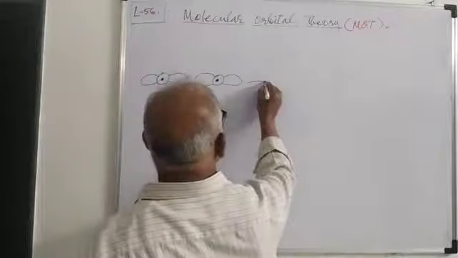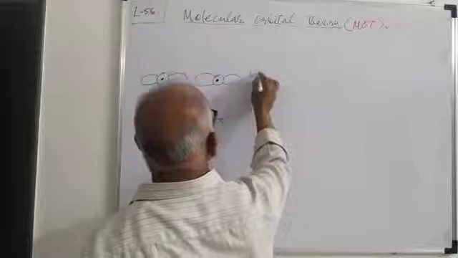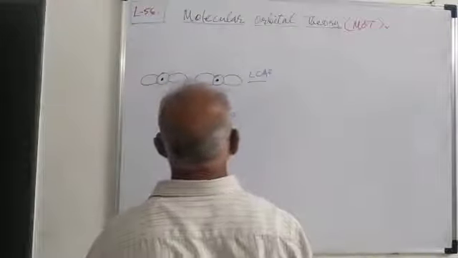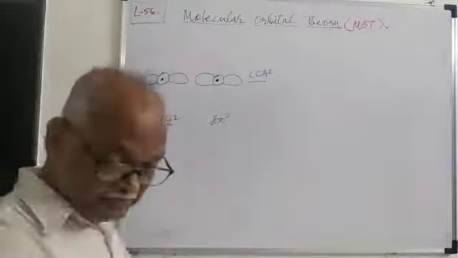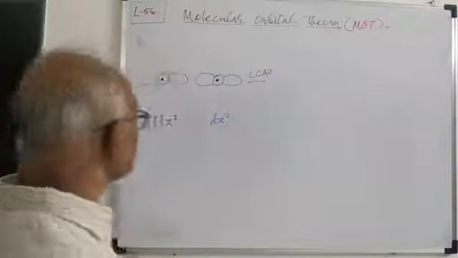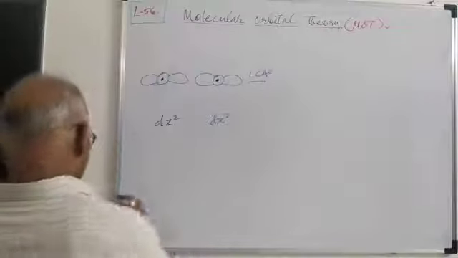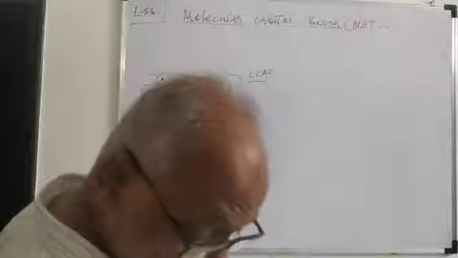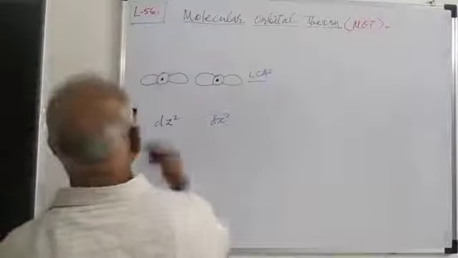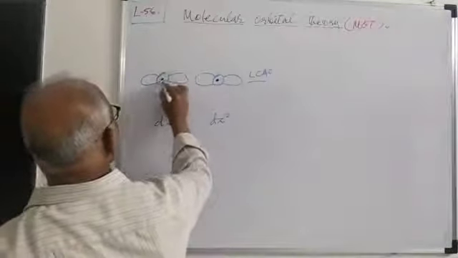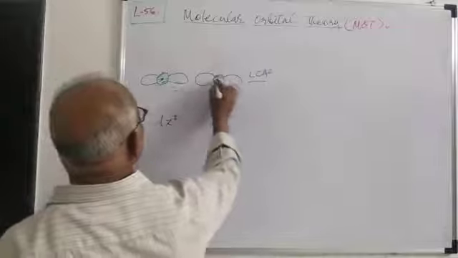So after addition of this LCAO, linear combination of atomic orbitals, first of all, we must understand that these orbitals are having different signs of wave functions. So it is shaded and unshaded.